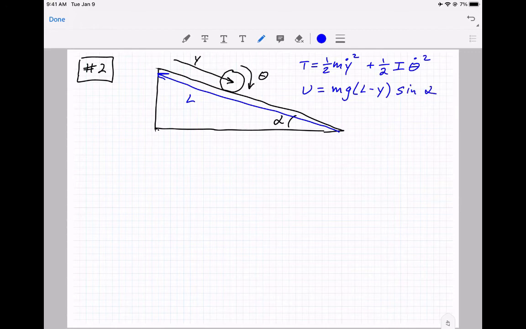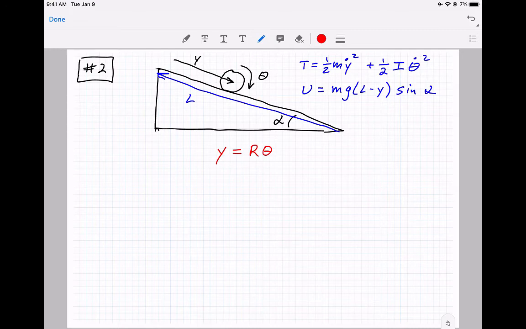Okay, so what is my equation of constraint? Well, in this case, it's really simple, right? So let me put that in red. My equation of constraint is that as y increases, it's increasing as the arc length of r theta.